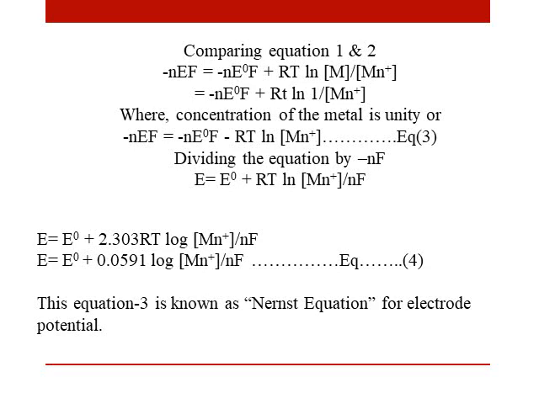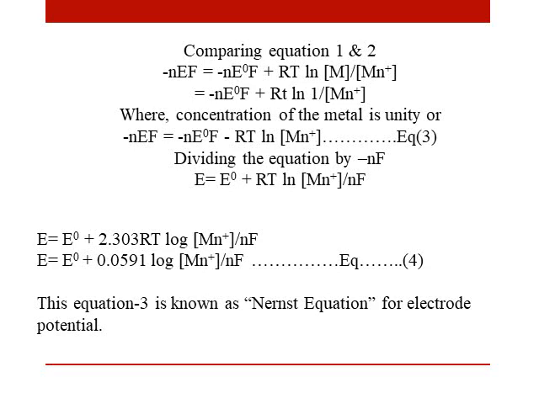So minus NFE is equal to minus NFE naught plus RT ln of the concentration of M, the product forming on the right hand side, divided by the concentration of the metal ions on the left hand side.